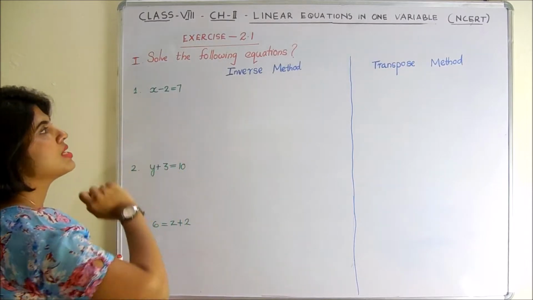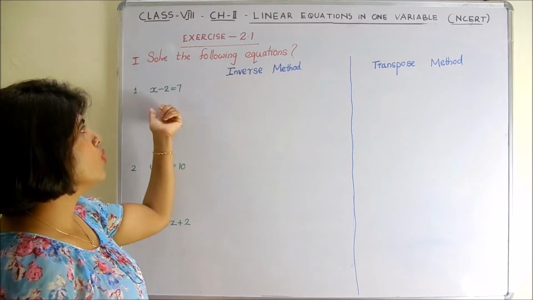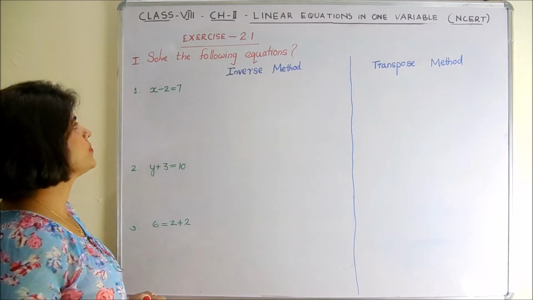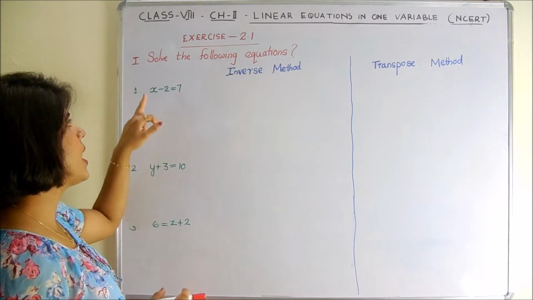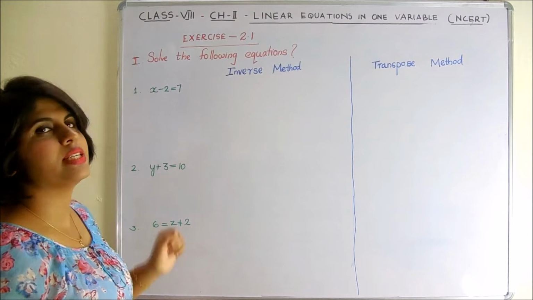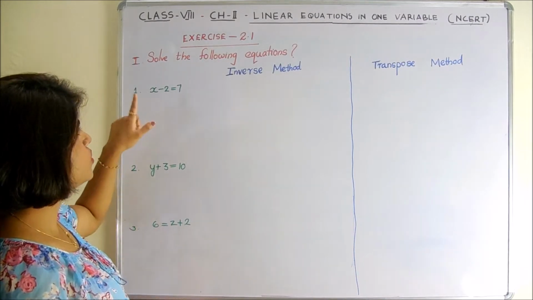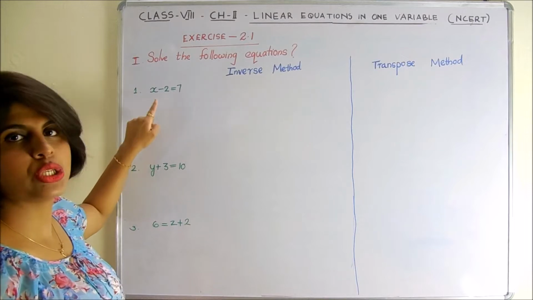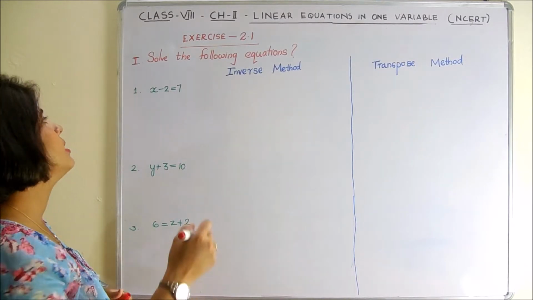First question is x minus 2 equal to 7. In the inverse method, how can we solve this question? Now, in order to keep the variable in the LHS, we have to eliminate this minus 2, isn't it? So, we have to add 2 on both sides of the equation.